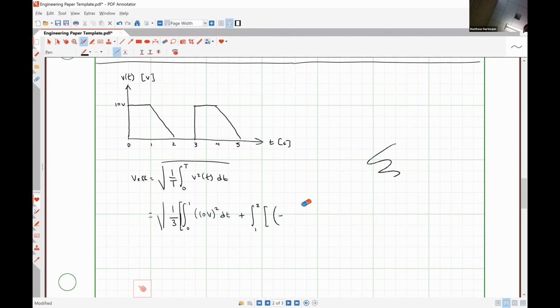What I'm trying to do, I need negative 10 volts per second, multiplied by our variable here.